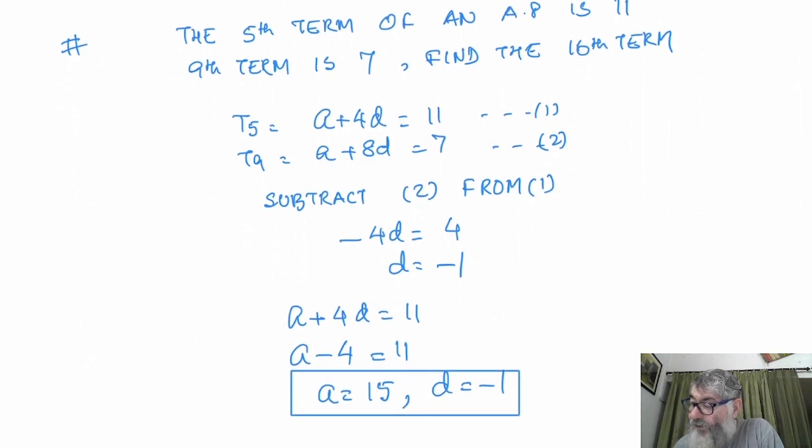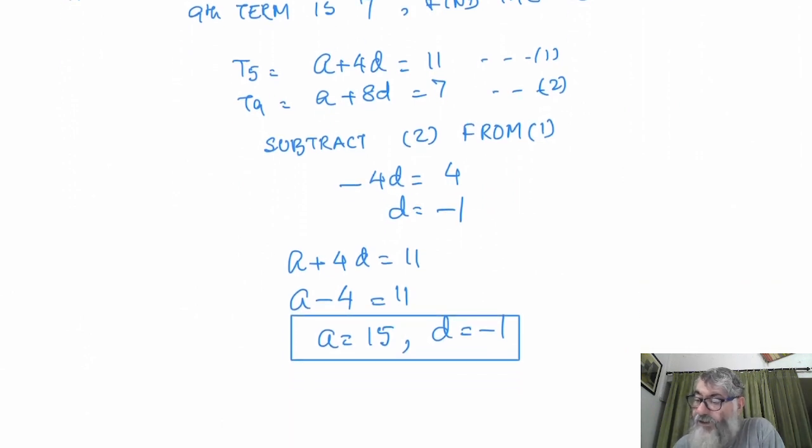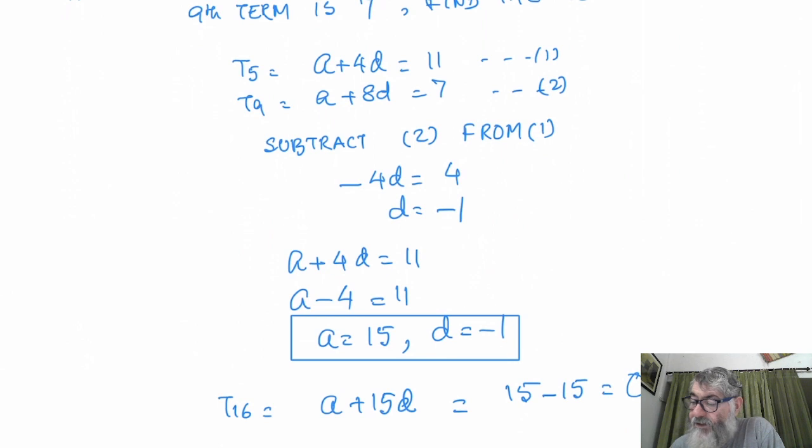He says find the 16th term. T16 will be A plus 15D. A is 15, minus 15 is equal to 0. 16th term is 0.